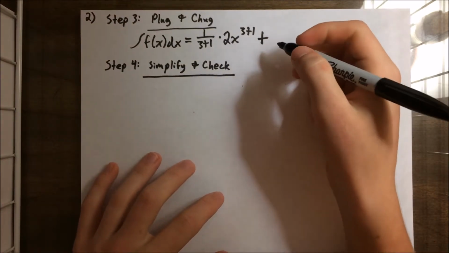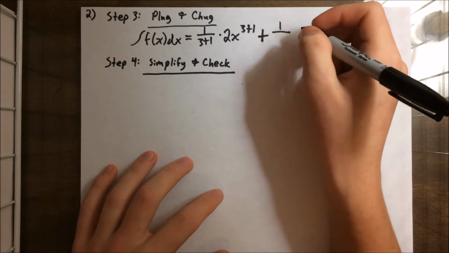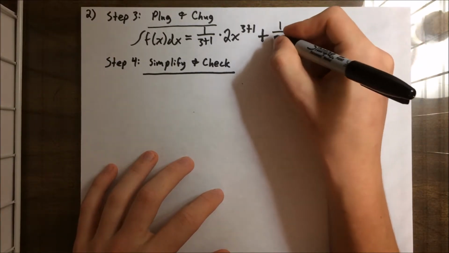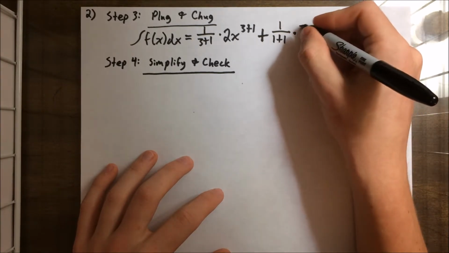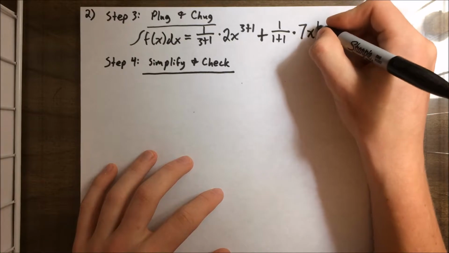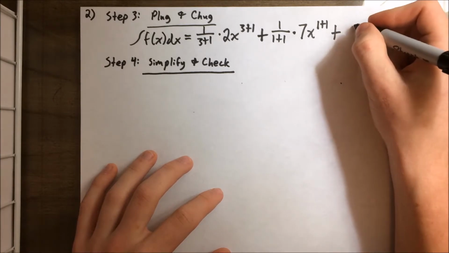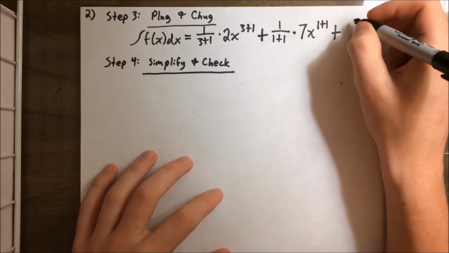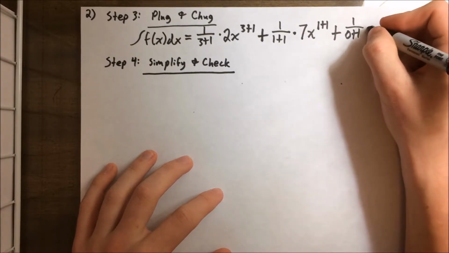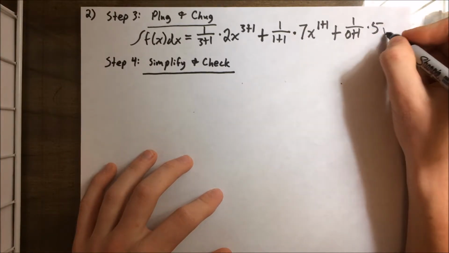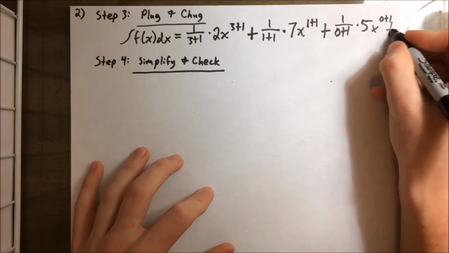So the next part is 1 over n2, which is 1, plus 1 times a2, which is 7, x to the n2 plus 1, and then plus a3, or plus 1 over n3, which is 0, plus 1 times a3, which is 5, x to the n3 plus 1, and then plus c.